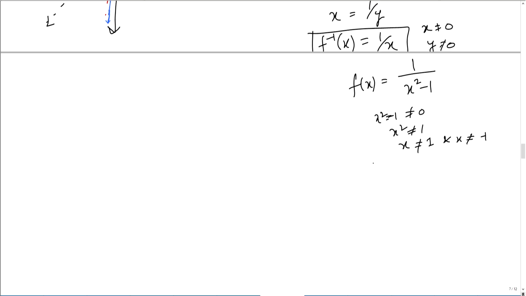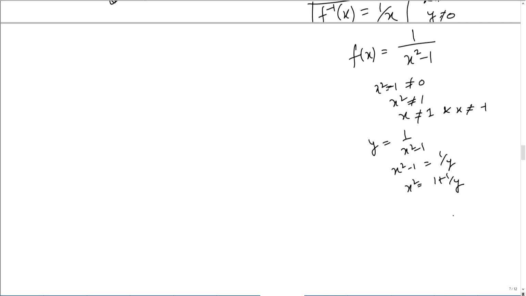And similarly, for the codomain, y equals 1 by x square minus 1. So x square minus 1 is 1 by y. x square is equal to 1 plus 1 by y. Now this x square has to be greater than or equal to 0.